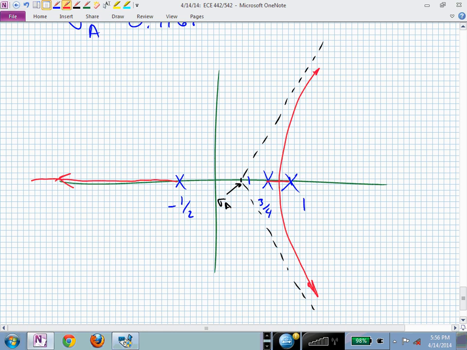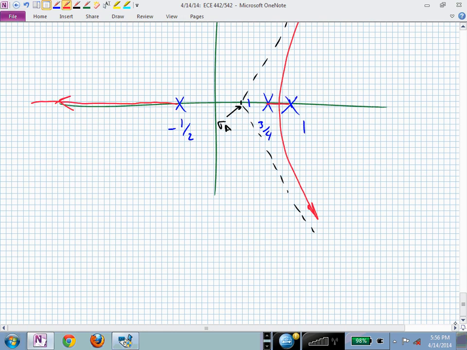How would I find, as a review, how would I find that point where they break away? And these you should just be able to quickly do on the exam on Wednesday.